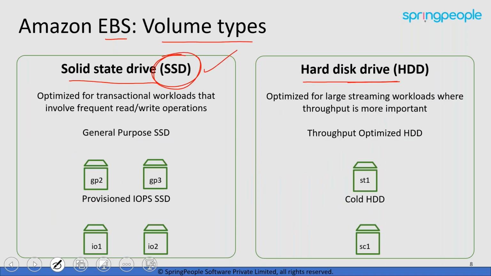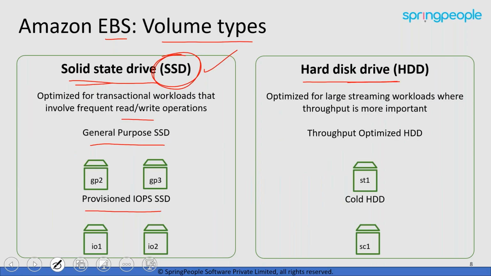Because they are so quick and fast, these are optimized for transactional types of workloads that need frequent read-write operations. Again, these SSD drives are of two types: general purpose SSD and provisioned IOPS SSD. General purpose SSD provides just an optimized IOPS.